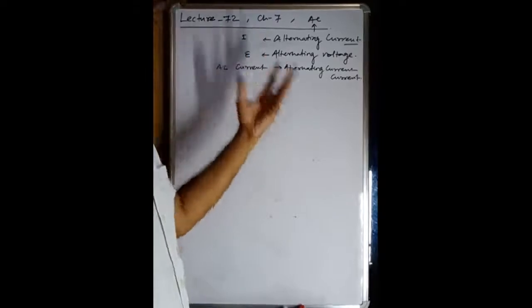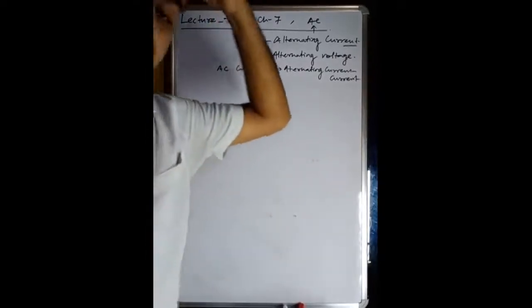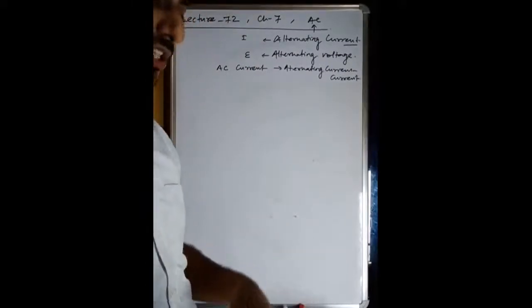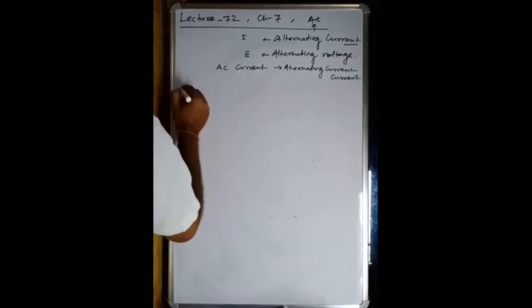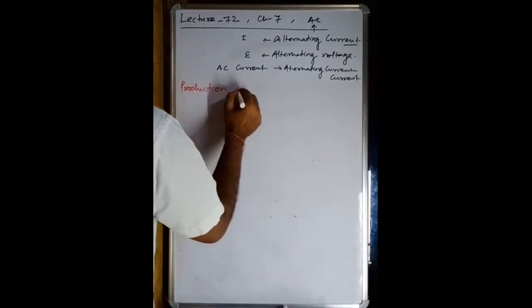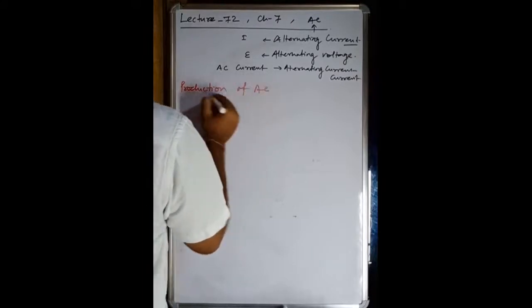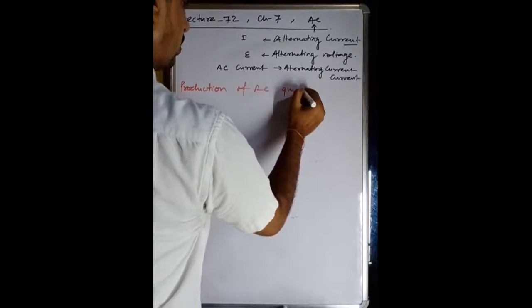Okay, now let me discuss. We start this chapter with the production of AC, how this AC is produced. So the first topic, you will write, production of alternating current, or the production of AC quantities.